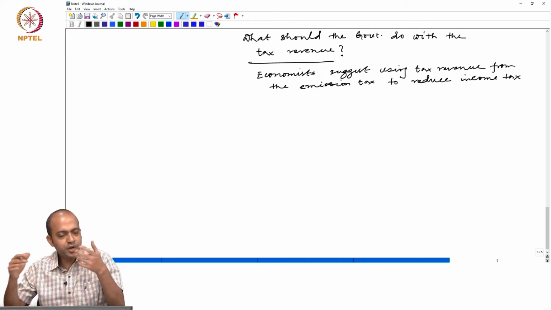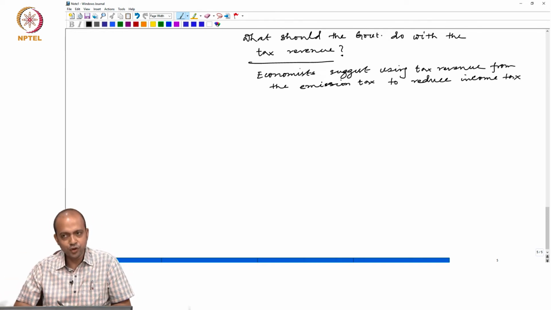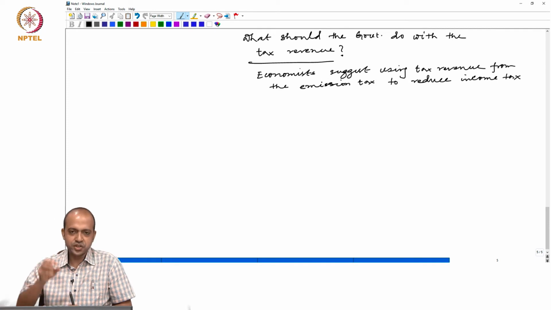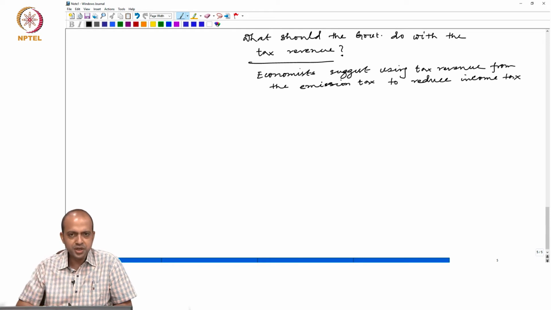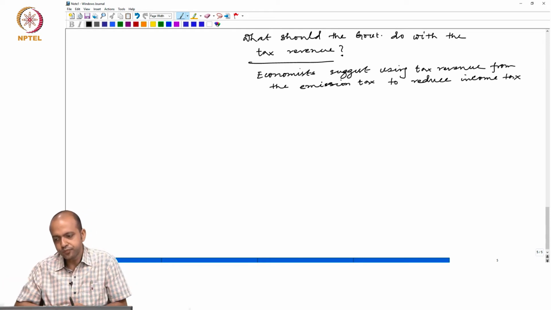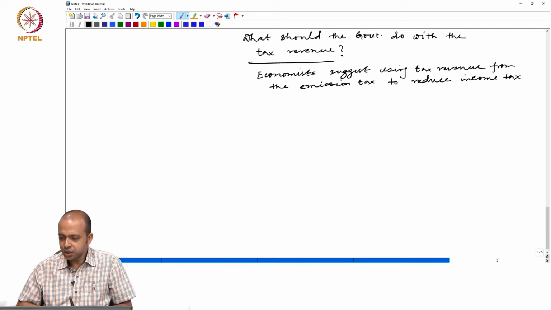Because anyway government requires revenue from taxation, because taxation is the biggest source of revenue. So, when government is getting some amount of revenue from this emission tax, why not reduce the income tax rate?